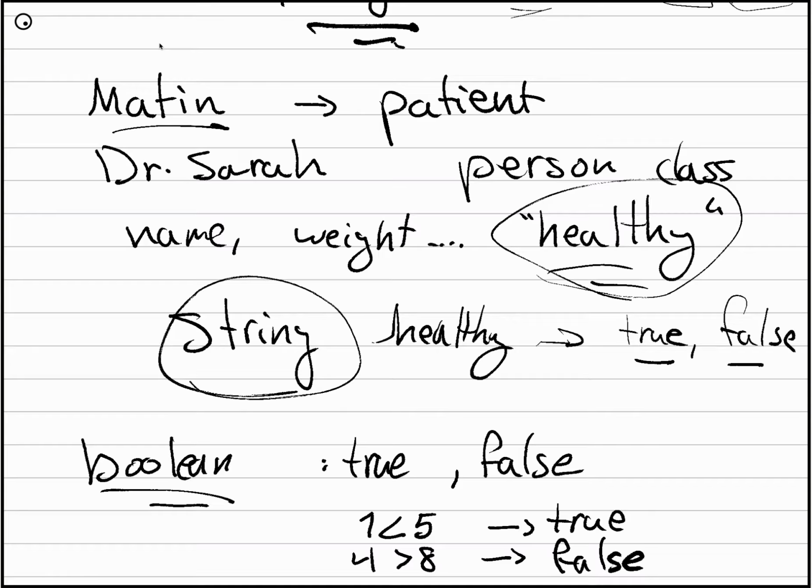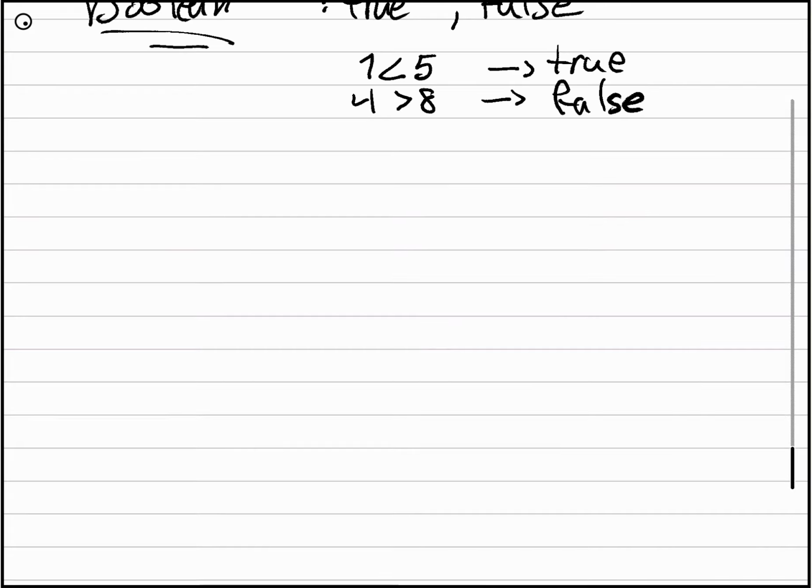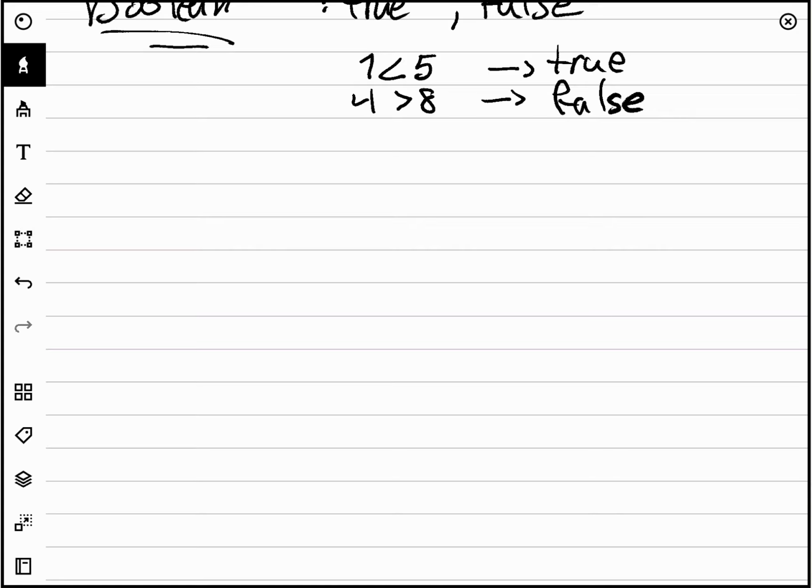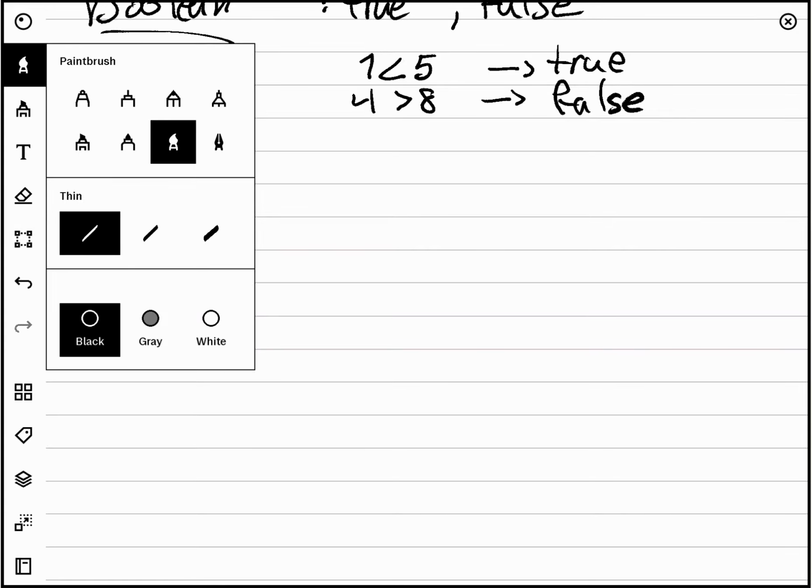It's a very helpful thing to have in computer science and in terms of representing data. So in this case, we want a boolean that just returns true or false based on whether or not a person is healthy, right? Yeah. Excellent.